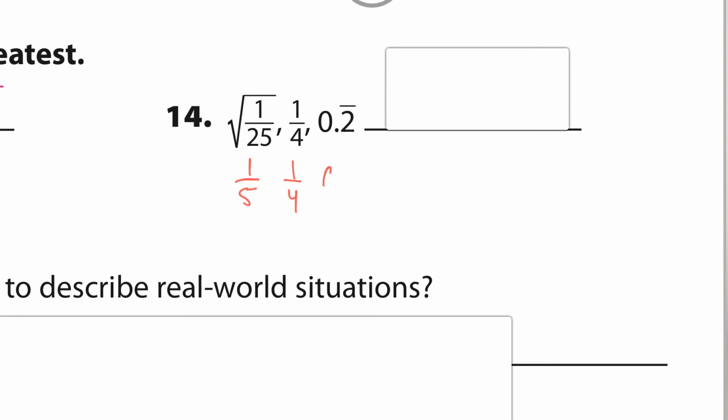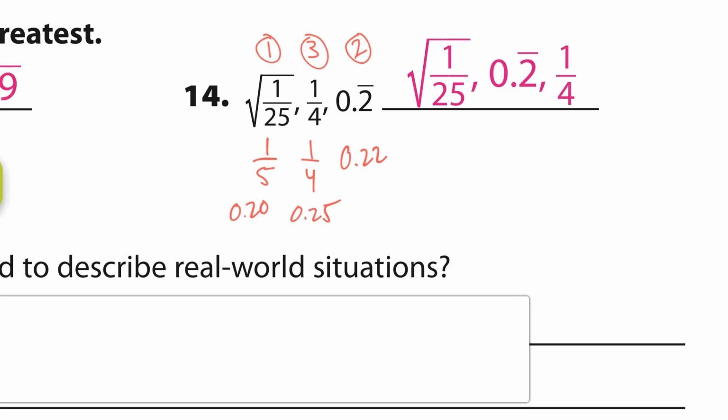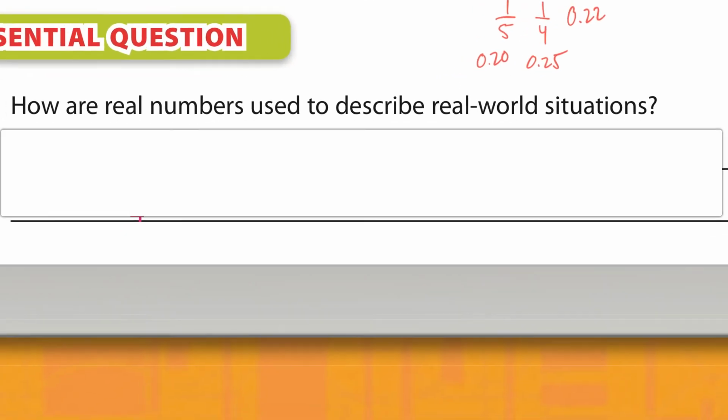So this would be 0.22, this is 0.25, and this is 0.20. So this one is the smallest, this one is the next biggest, and this is the biggest. Yeah, that's what I said. Good.